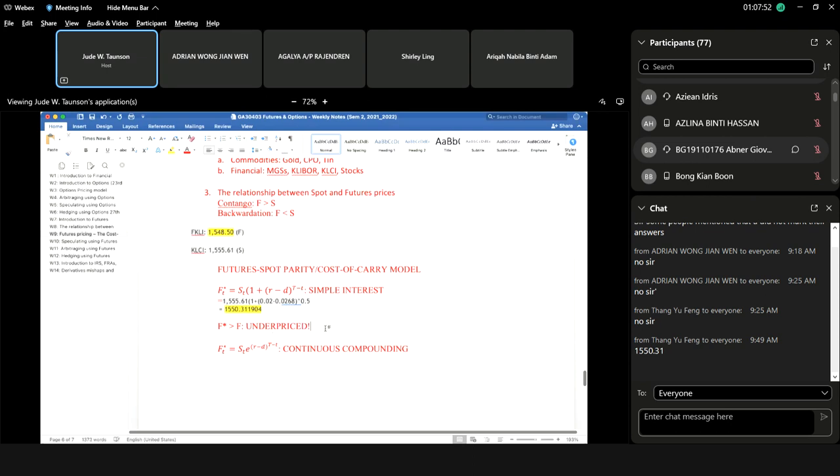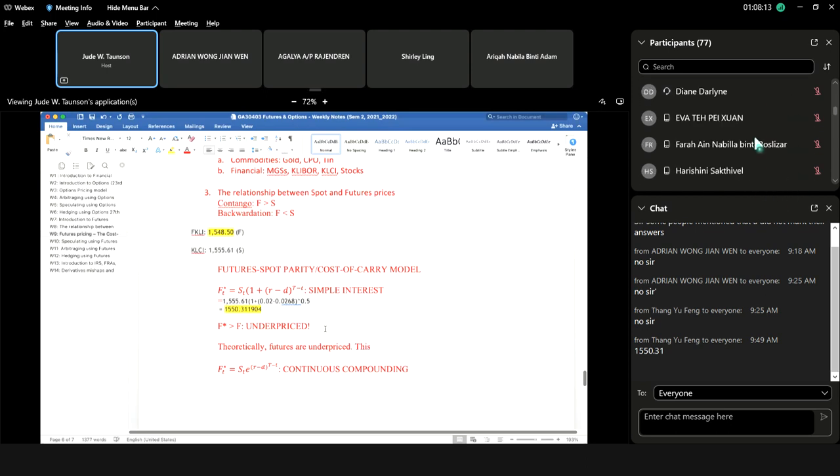So what does it mean? Theoretically, okay, futures are underpriced. Okay, this might, it is a very strong word, okay?